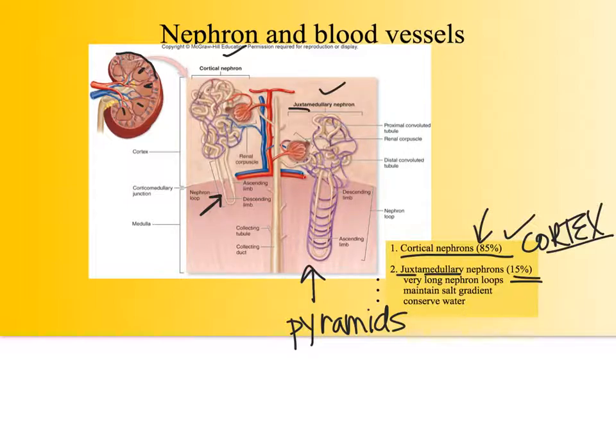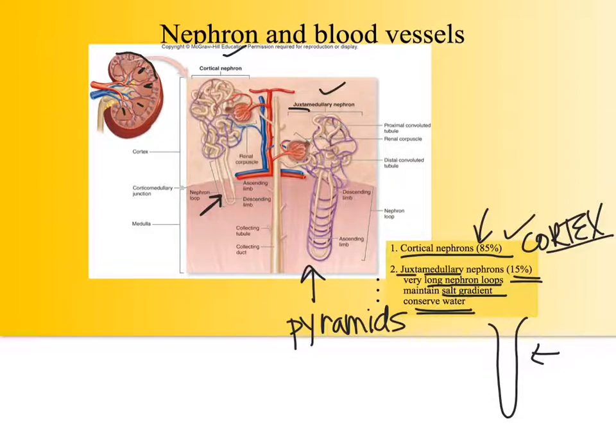They have very long nephron loops, so they go way down in. They maintain the salt gradient in the kidney, which is important for water conservation. This is where all the osmolarity and hypotonic come in. These guys conserve water for us and maintain a salty concentration in the medulla of our kidneys.